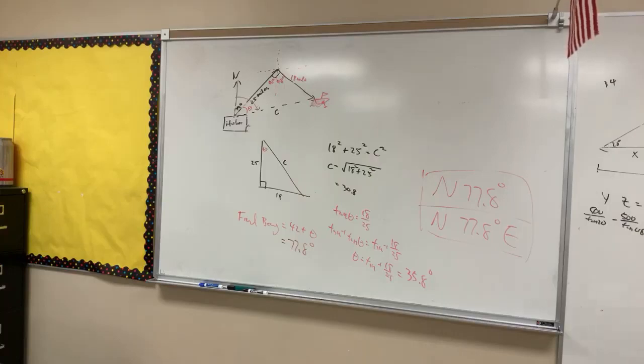So you go down 2.3. And then it says turn 90 clockwise. So, what's the question? Draw it for me. Let's draw the axis.